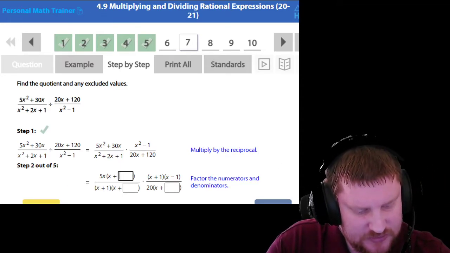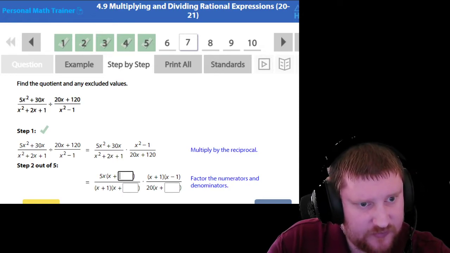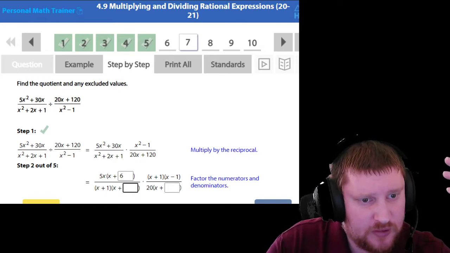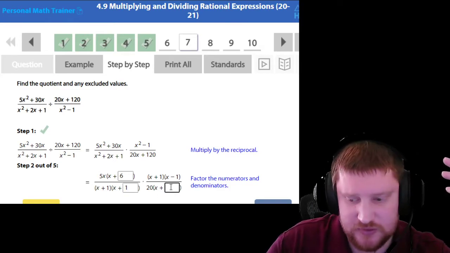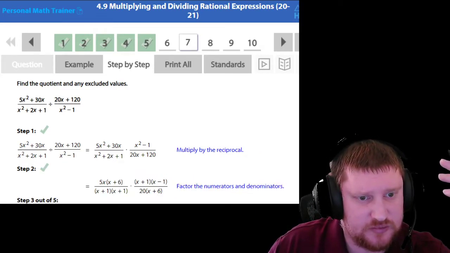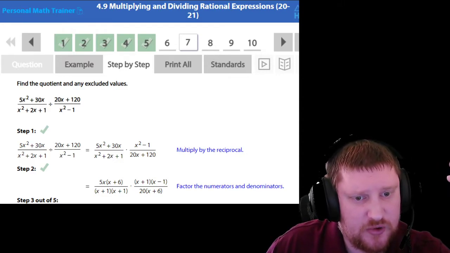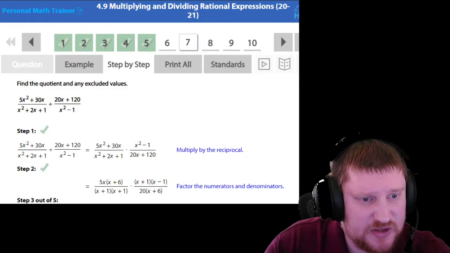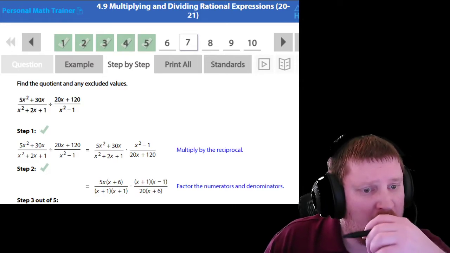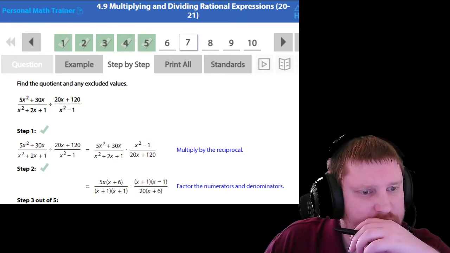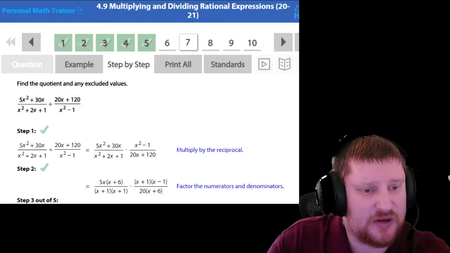We already did this. 5x, x plus 6. x plus 1. Multiply the numerators, multiply the denominators. We've got 5x, x plus 6, x plus 1, x minus 1. And then they've got 20 on the outside.